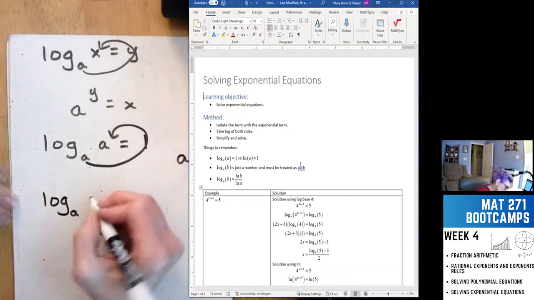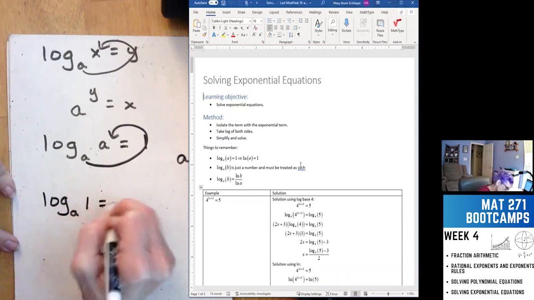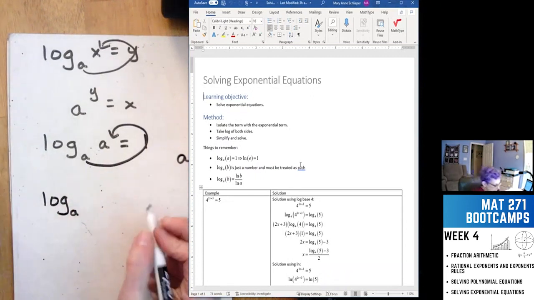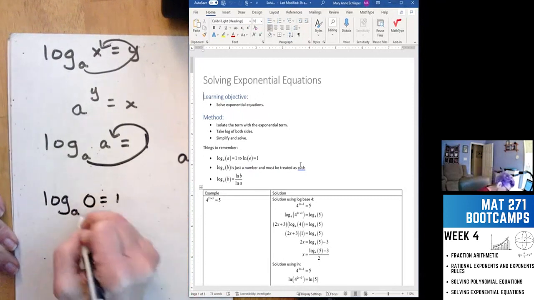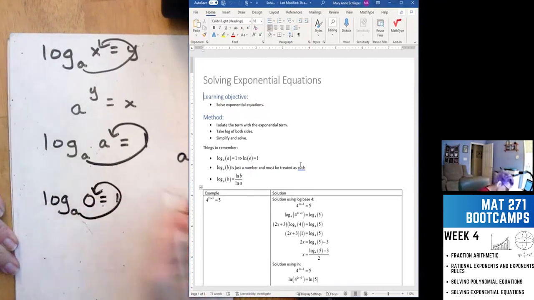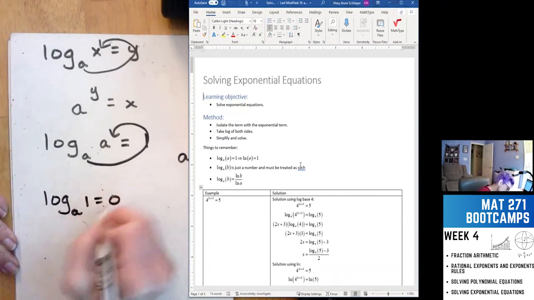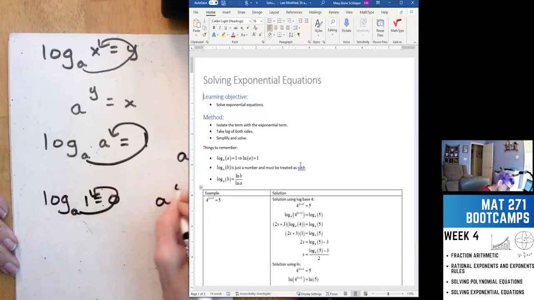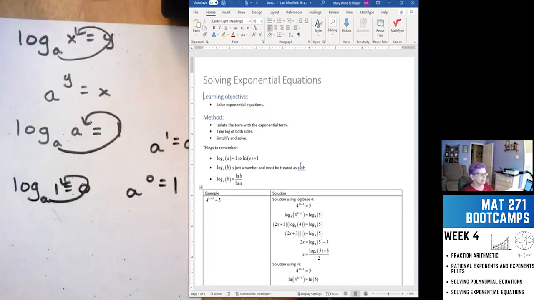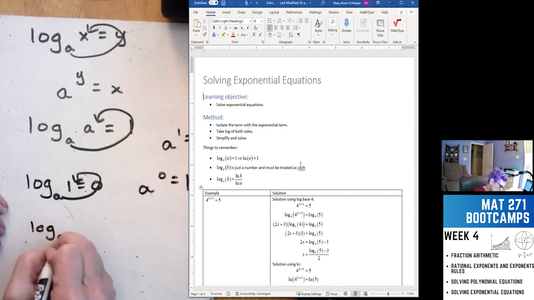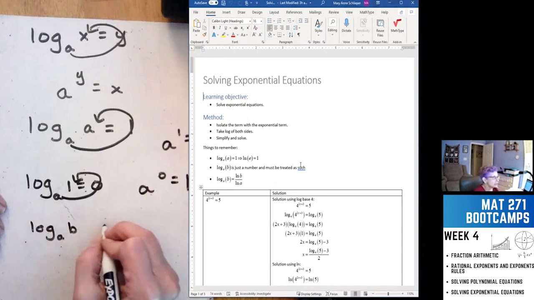Log base a of 1 is equal to 0, because a to the 0 power equals 1. Everything to the 0 power equals 1. And the other things you need to keep in mind is that log base a of b is just a number.